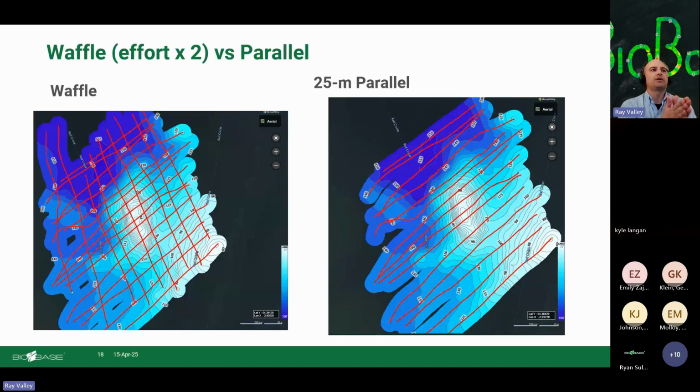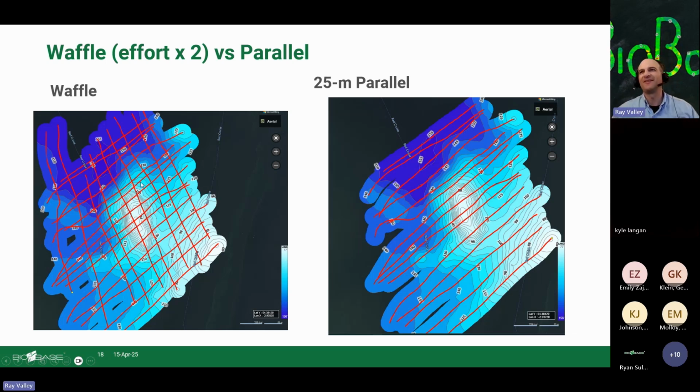All right, so here's this example, this waffle pattern, this gridiron pattern. This is really interesting when you look at these two images here and you superficially look at the detail. I can hardly see a difference between these two images, and this is 2 times the effort.